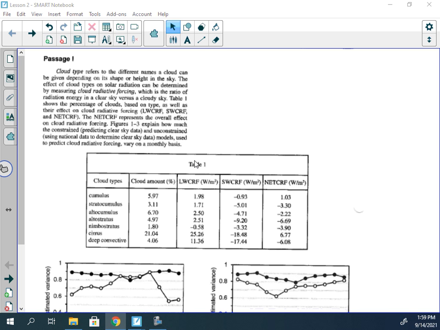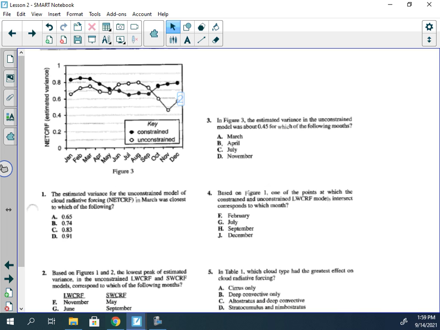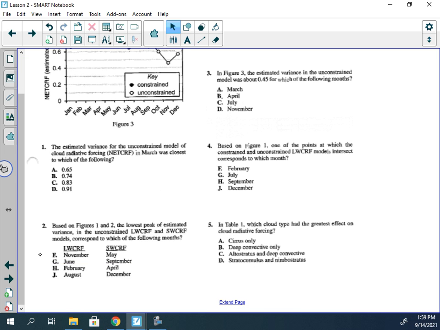So passage 1 is given here. Now, I'm going to look straight at problem number 1. The estimated variance for the unconstrained model of cloud radiation forcing NET-CRF in March was closest to which of the following?